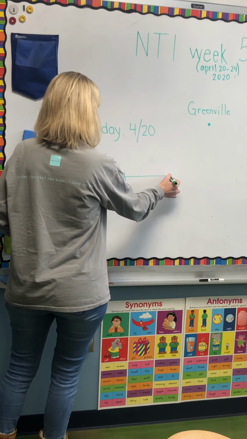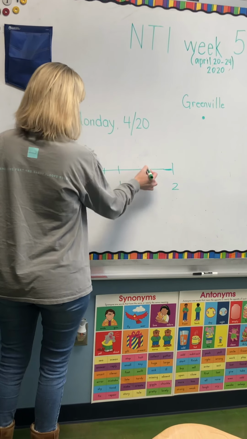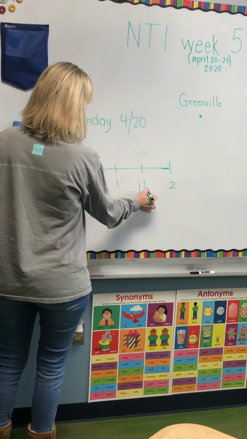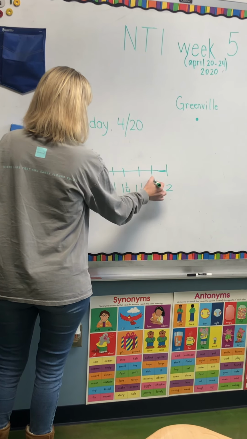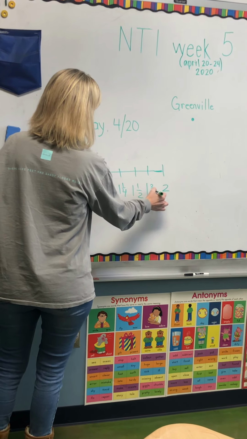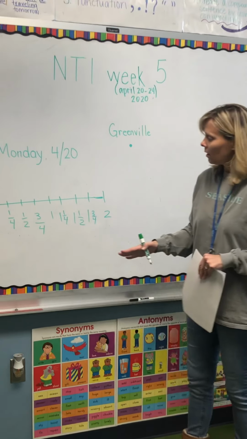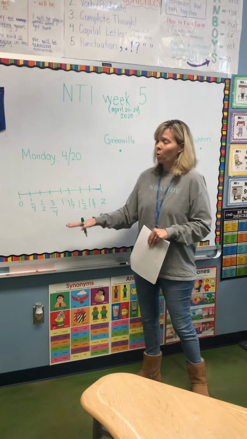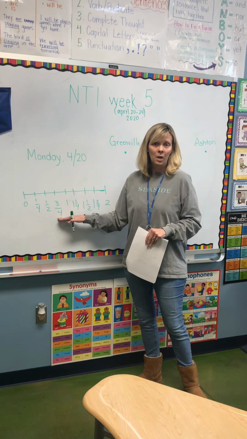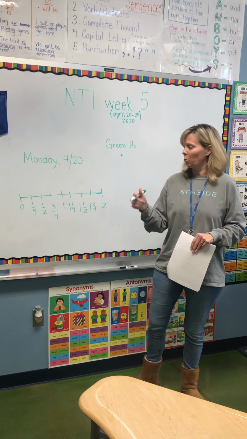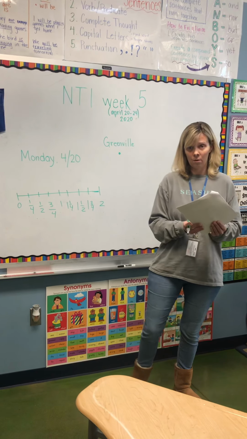And if we went on down our ruler, we have 2, we have 1 1/2 inches, 1 1/4, and 1 3/4. So all of your measurements should be based on 1/4 of an inch, which is the same as fourths. If you're kind of in between one of these, just round it to the closest fourth.